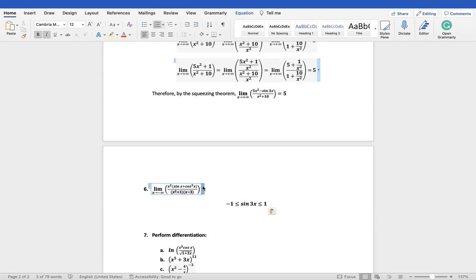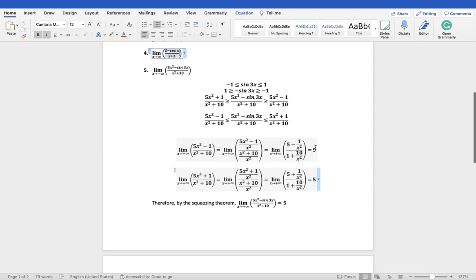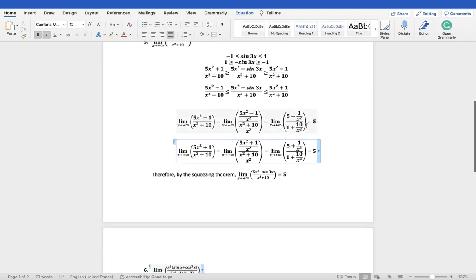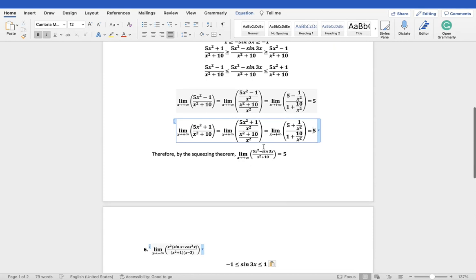But for all of the functions that you will be using when you apply the squeezing theorem, you should be able to get the same limits on both sides, right? I have not come across an example where you get different limits on either side of the inequality. But don't take my word for it, okay?